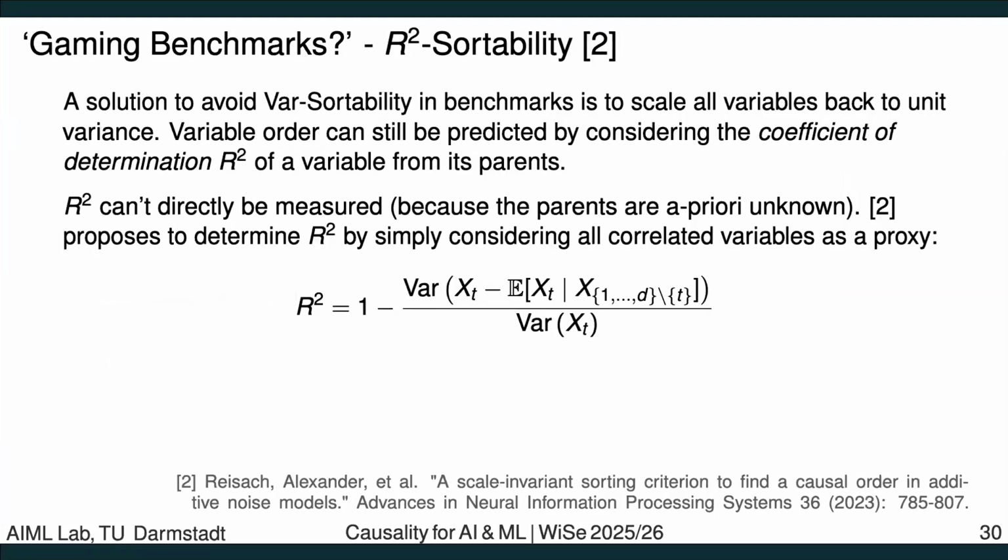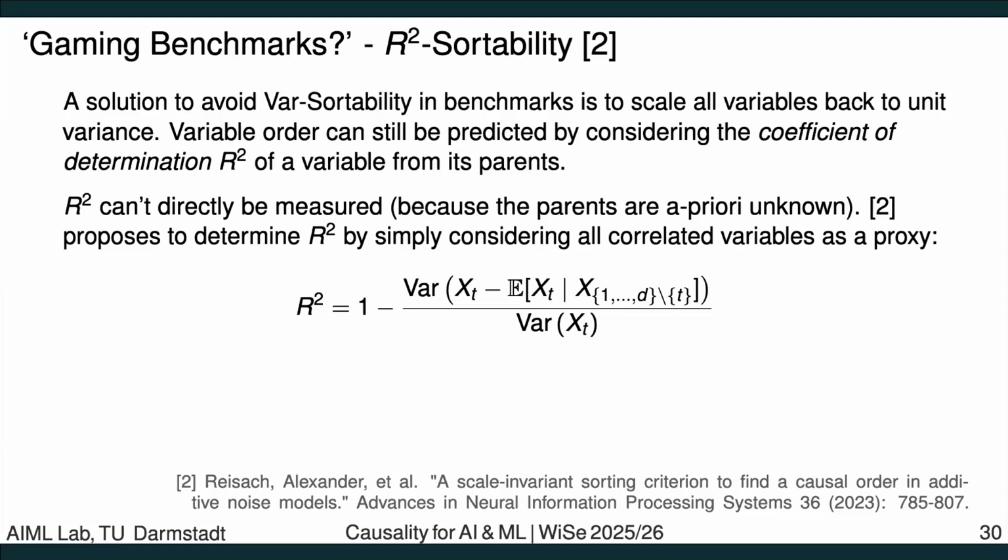Yeah. So then just a quick remark on that. We need to adjust our benchmarks a bit. We need to normalize the variances in our data. Unfortunately, that's not enough.